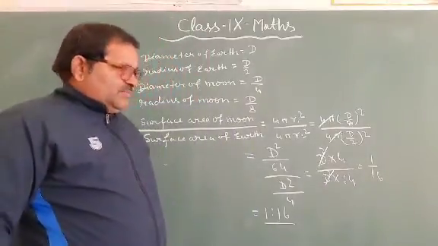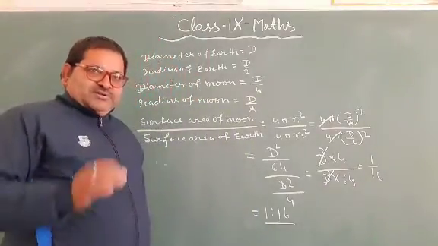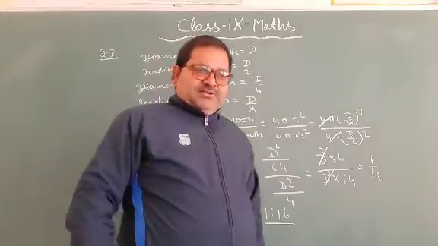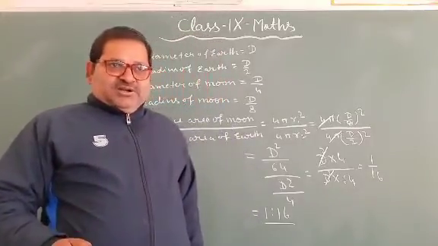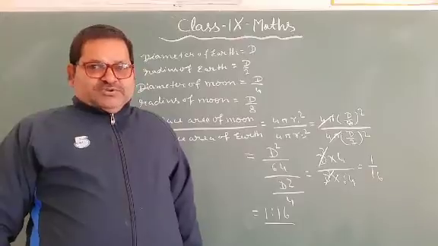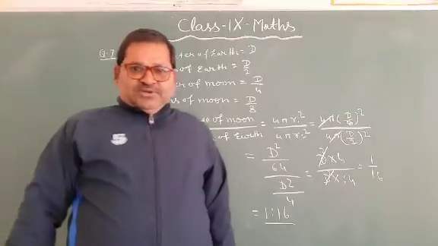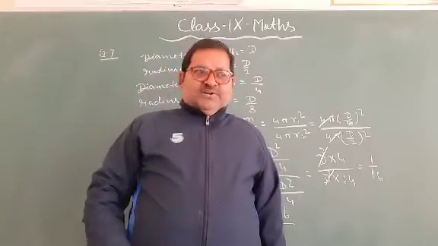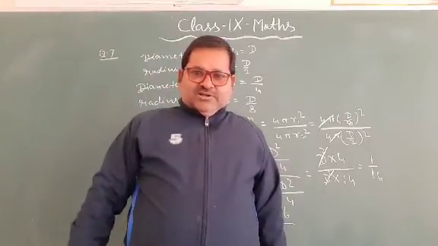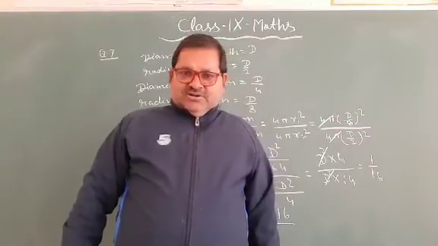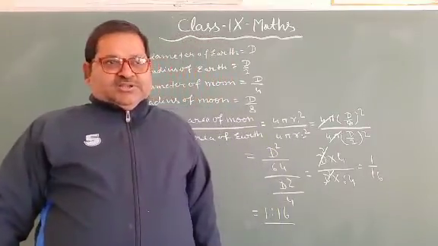So in this question the diameter is given. The diameter of earth, let us suppose, is d, and the diameter of moon is 1/4 of the diameter of earth. First we find the radius of moon as well as the radius of earth.